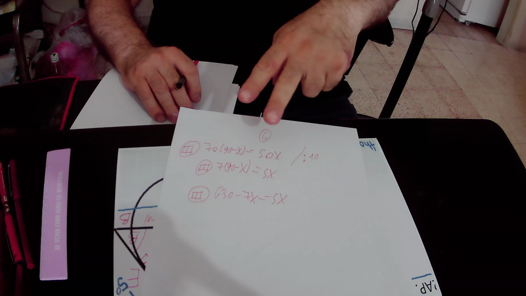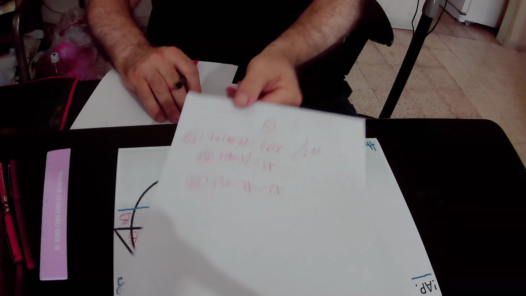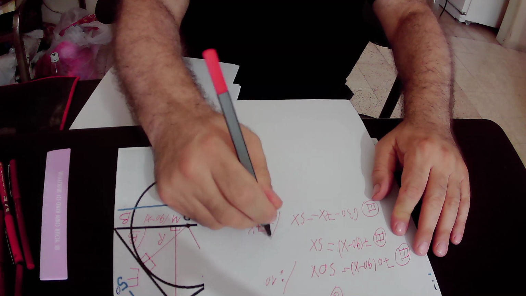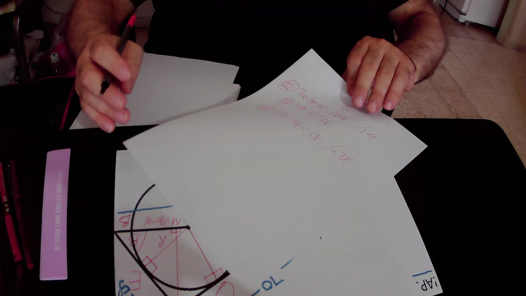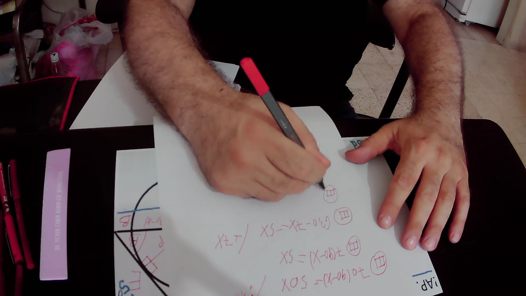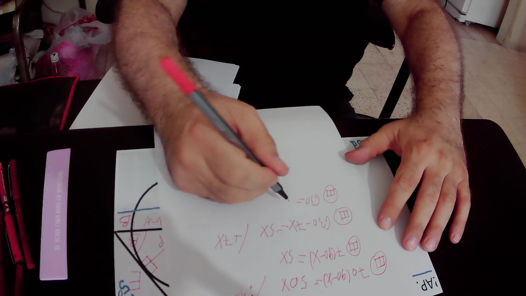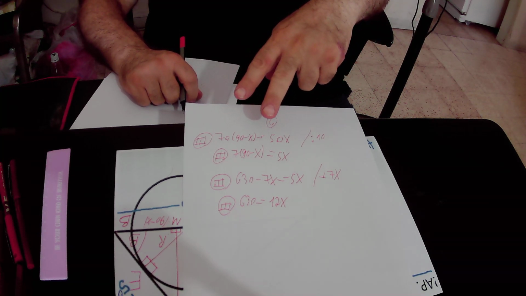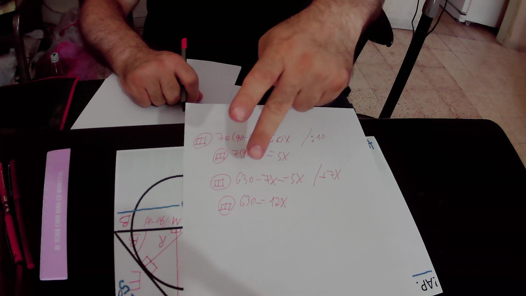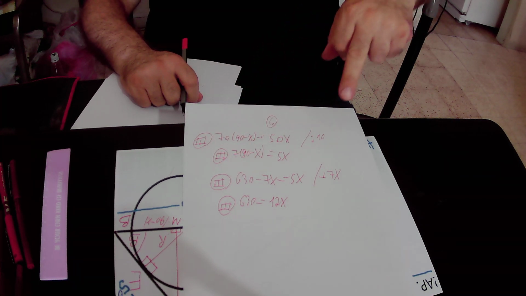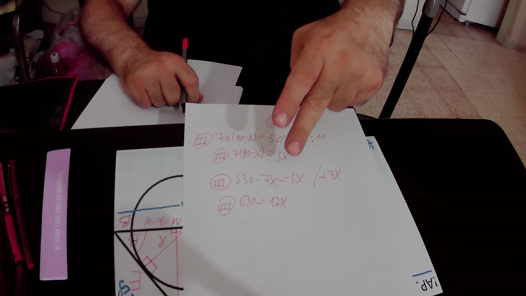so here we add 7x to both sides of the equation. We added 7x to both sides of the equation, so 630 minus 7x plus 7x equals 630, and 5x plus 7x equals 12x.